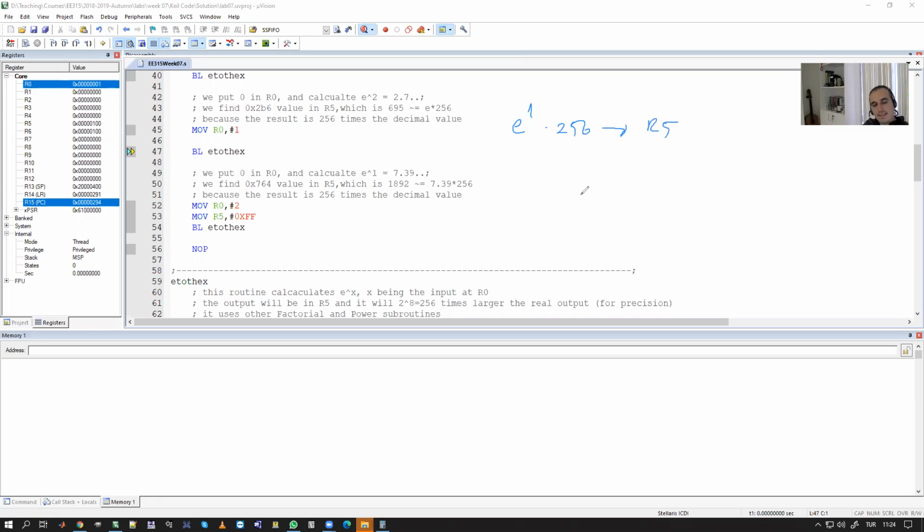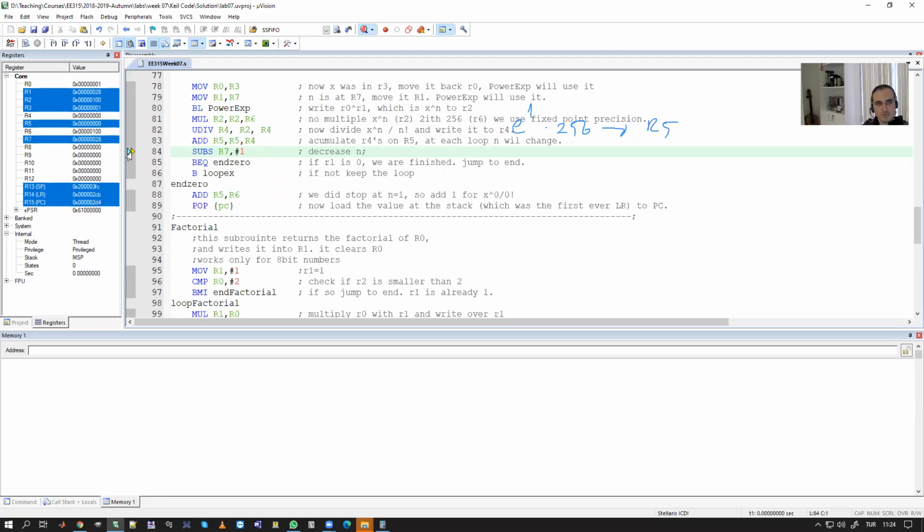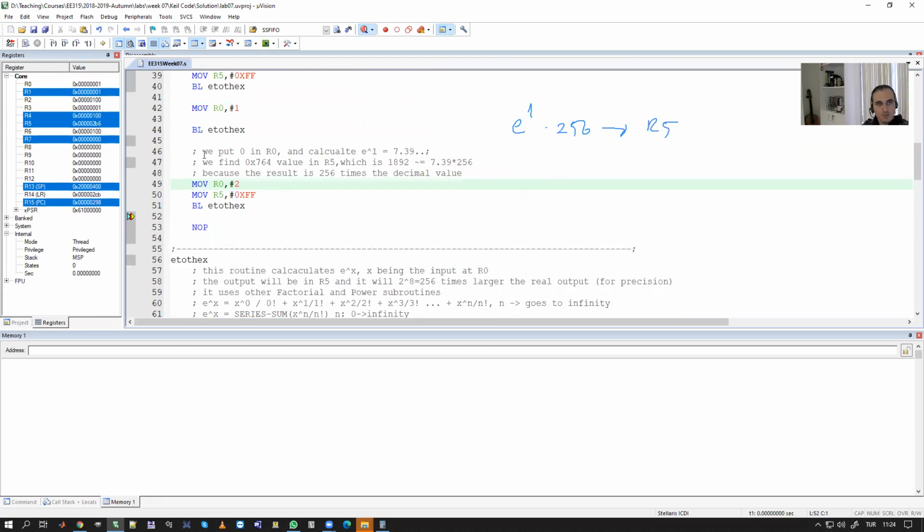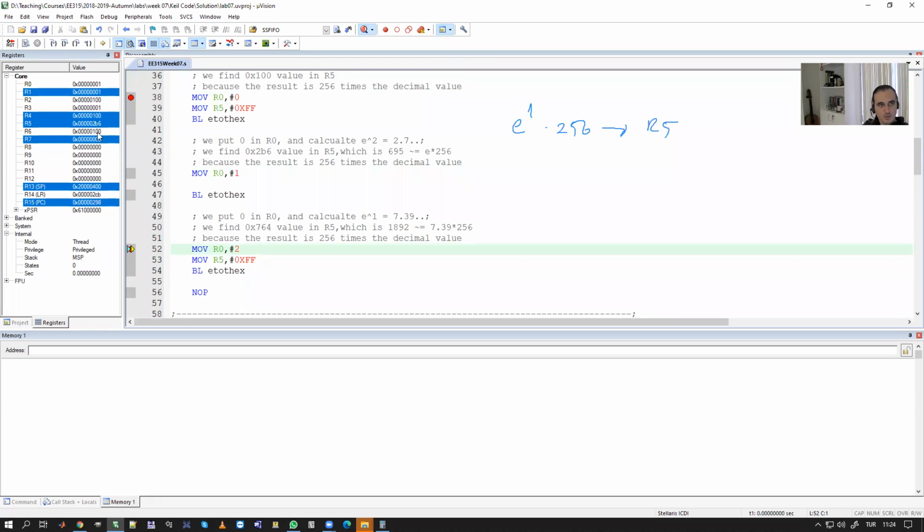Okay. Let's see what we have in R5. Sorry. We had a breakpoint, so let me put a breakpoint here so that it jumps over. Okay. Now we have this number in R5, guys.